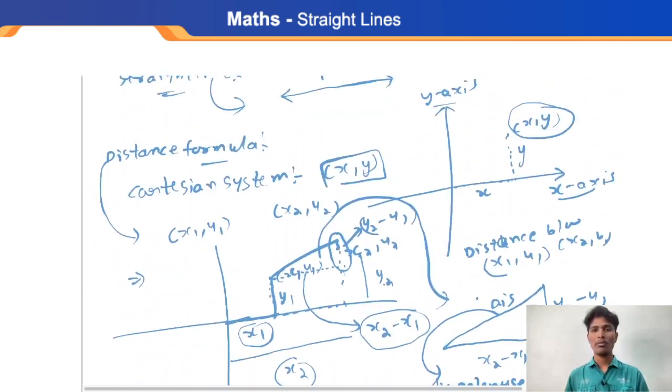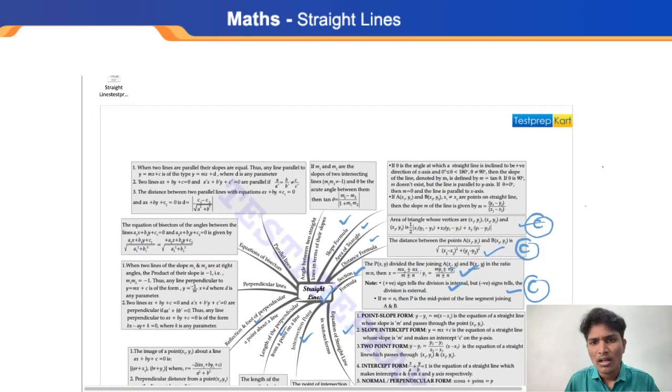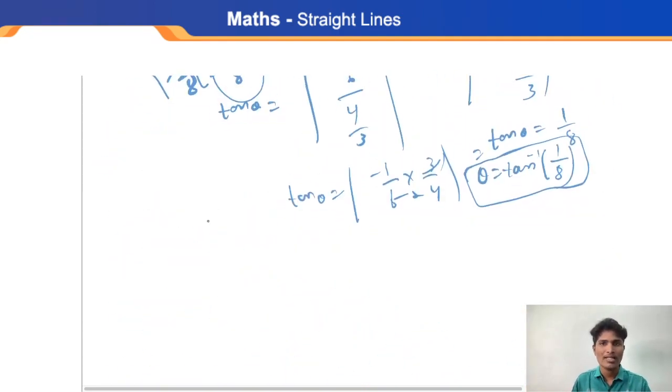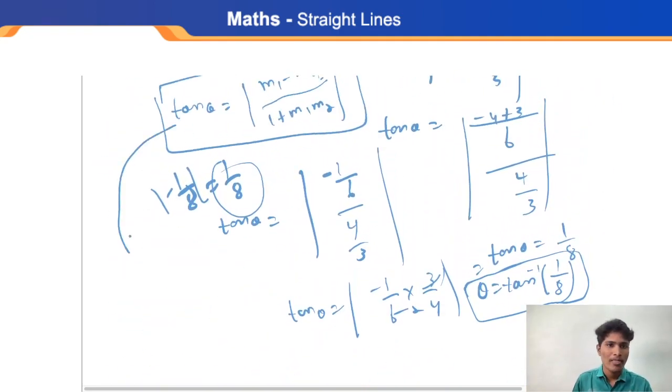So I have completed the slope. And now comes the important thing, the formula. From this formula, can I write the condition for parallel lines and perpendicular lines? Yes, I can.